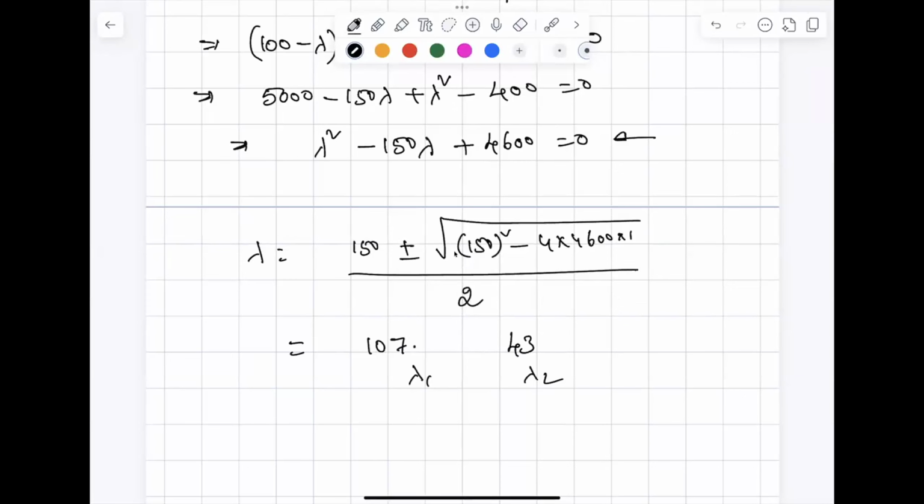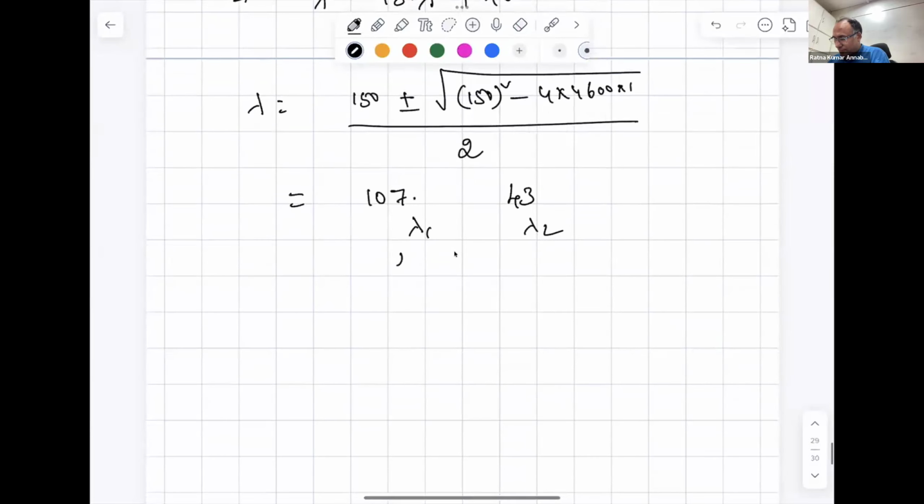Yes, sir. So that means this is my sigma 1 and sigma 2. This is in the principal frame of reference. What do we mean by principal frame of reference? If it is a 2D system and the principal axes are x1 dash, x2 dash, then in this direction sigma 1 is 107, and in the other it is 43.